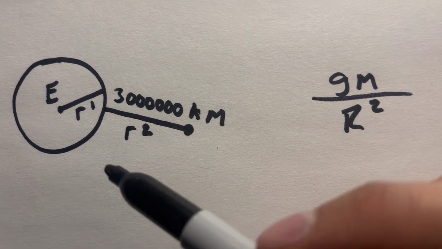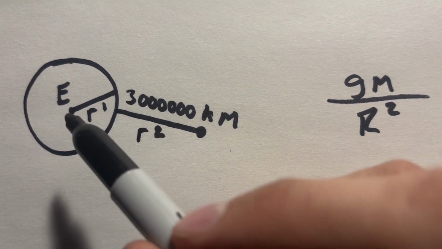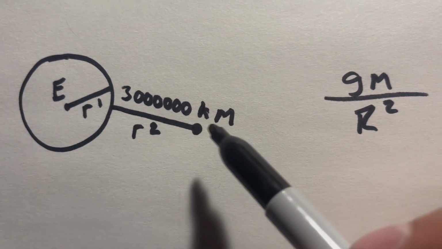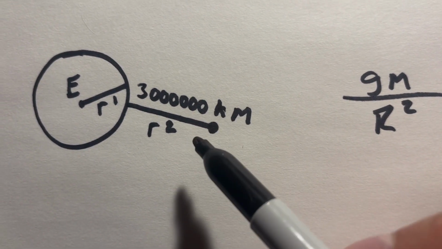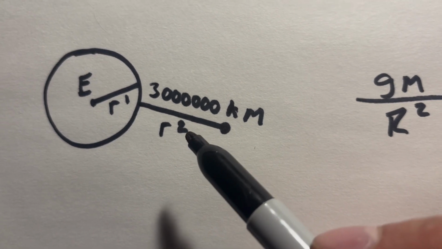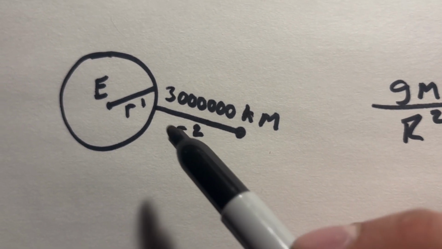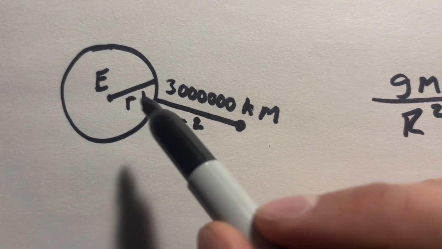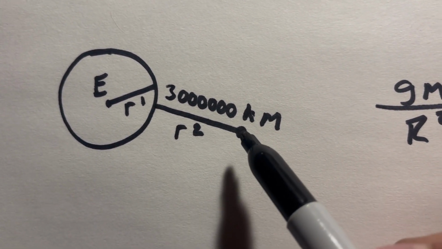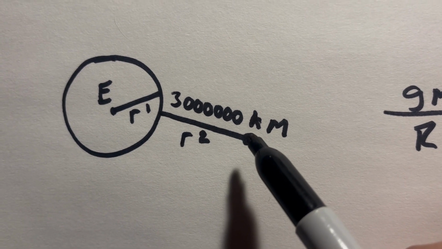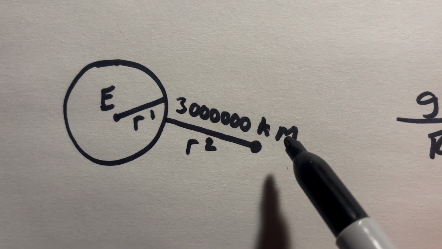However, we have to figure out the radius between the center of the Earth and the second object out in space. That's the sum of the radius of the Earth and the distance from the surface of the Earth to the object, which in this case is 3 million meters.